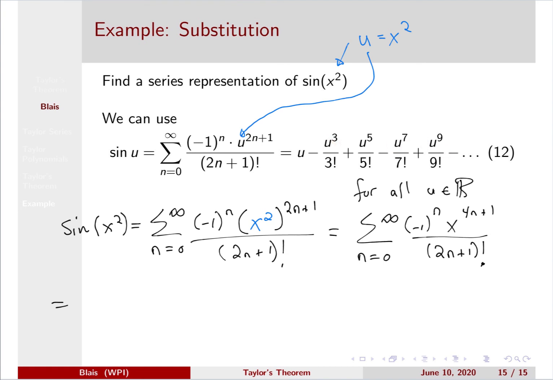So we could write this as x squared minus that u cubed over 3 factorial, and again that u is our x squared, plus our u to the 5 over 5 factorial, minus our u to the 7th over 7 factorial.